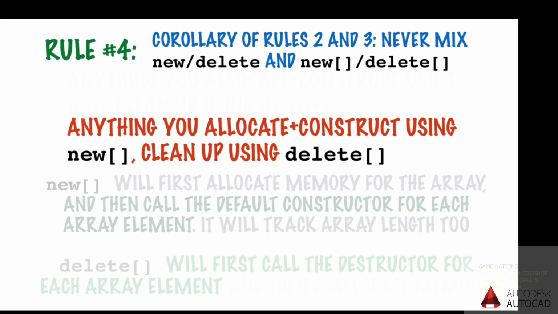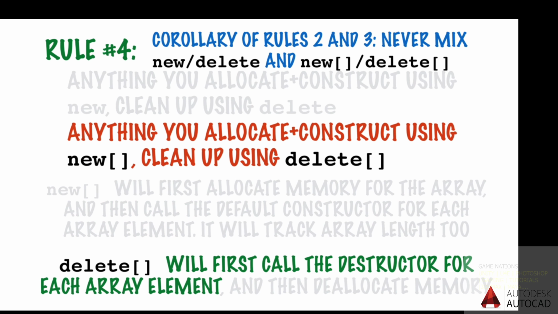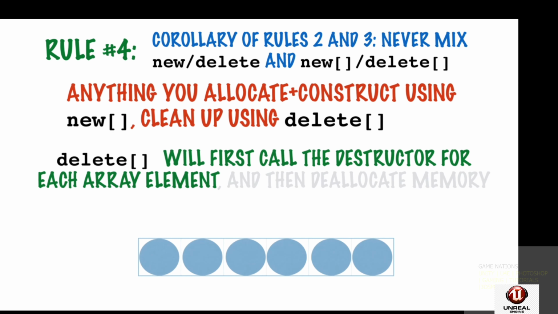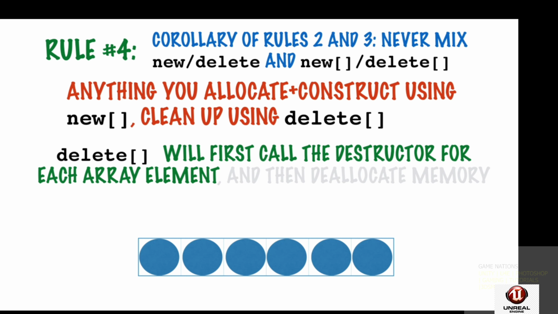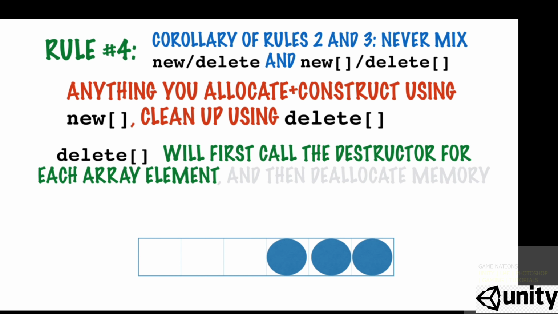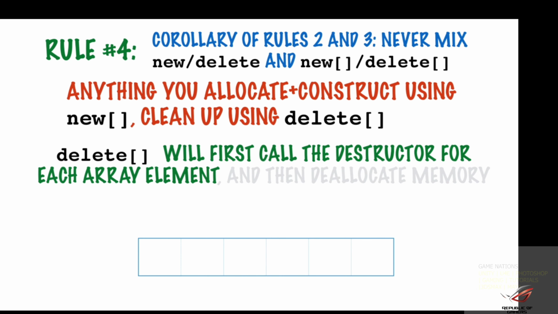Moving on to the delete keyword with square brackets. That first calls the destructor for each array element. We know that once the array element has been constructed, it looks kind of like this. Calling the destructor basically destroys each individual element in the array. So we are back to where we started, where only the memory is allocated for this particular array.